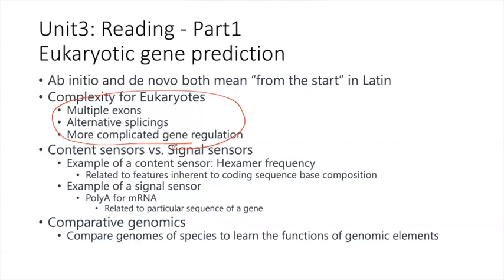But if it's in a coding region, it is not totally random for the third base. If you look at regions other than the coding region, it could be more random.